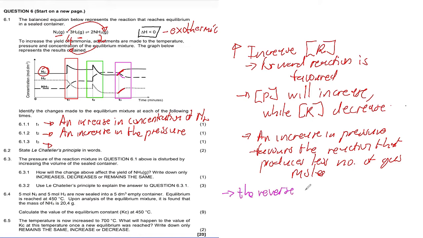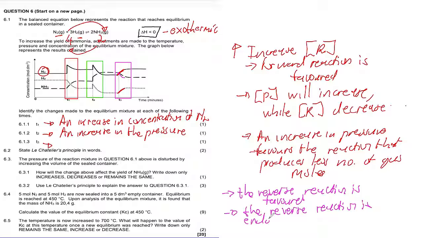So the reverse reaction is favored, right? But then we know that if the forward reaction is exothermic, then the reverse reaction is endothermic. Endothermic. Right.